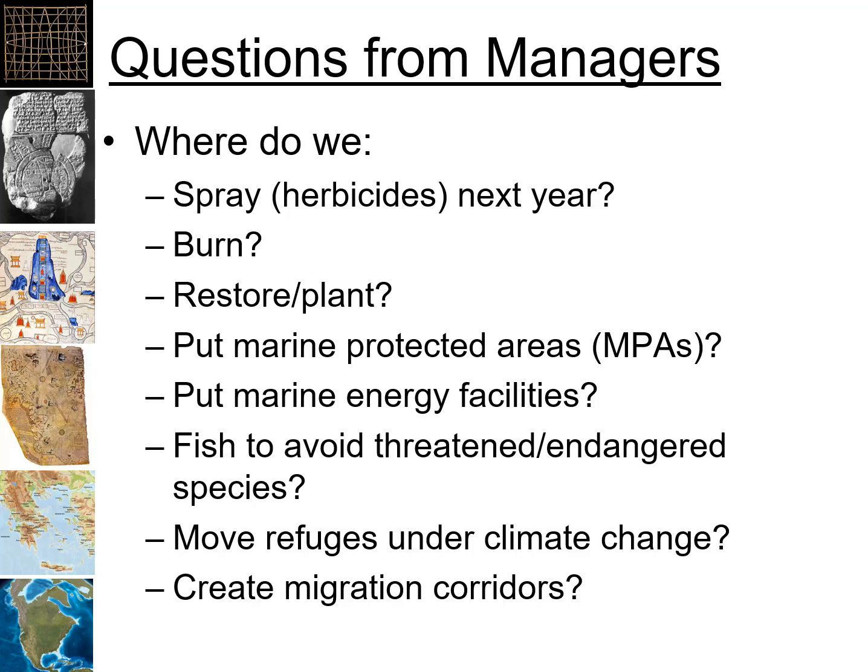Fish to avoid threatened and endangered species. In other words, where do fishing boats need to go? Where's the best places to fish? And I'll talk a little bit more next week, or we'll talk a little bit more about this, in that partitioning the ocean world is actually in many ways a much bigger issue than the land, because almost all of the ocean is multi-use.